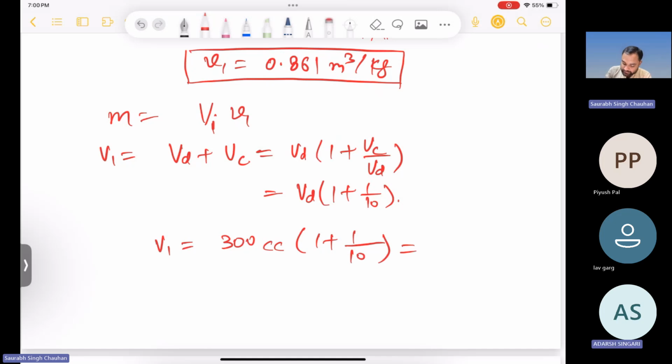So it will be 300 cc times 1.1, which is 330 into 10 to the power minus 6 meter cube. I have converted cc into meter cube.